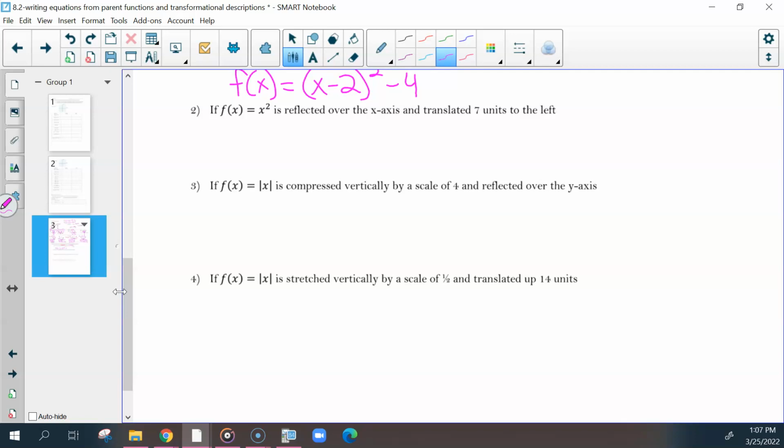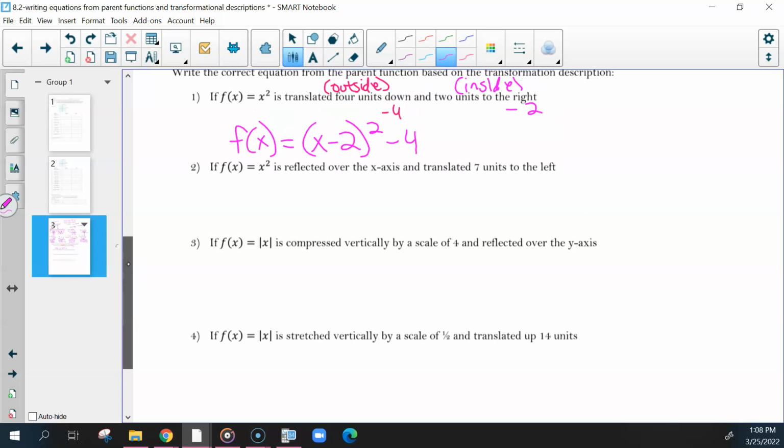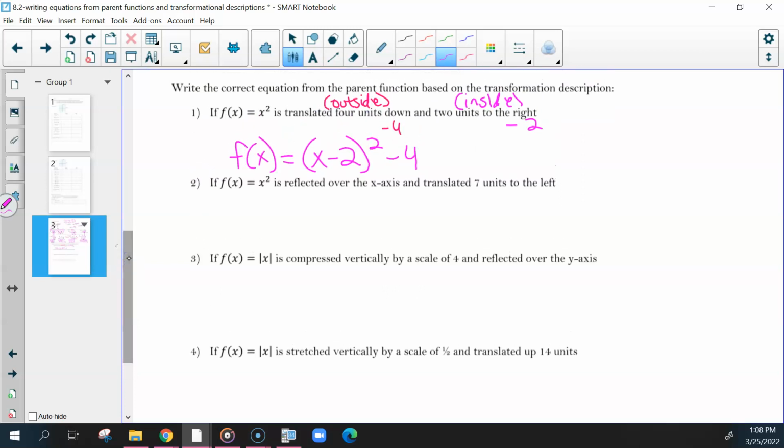So for this next one, x squared is reflected over the x-axis. We need to figure out if that's vertical or horizontal. Because that's vertical, that's going to be on the outside. Translate it 7 units to the left.